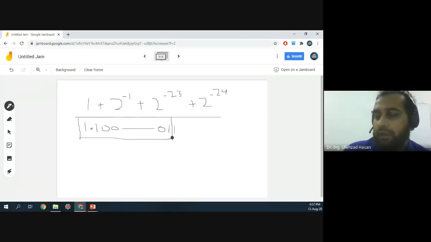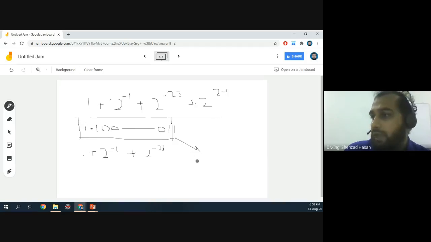One option is to truncate it. If you truncate it, you leave that extra one, and this number is going to be 1 plus 2 raised to the power minus 1 plus 2 raised to the power minus 23, because you have truncated it. The other option could be to round it. When you round it, this extra 1, 2 raised to minus 24, is going to be used to add one more to this number, and if you add one more to this 2 raised to minus 23, it's going to become 2 raised to minus 22.